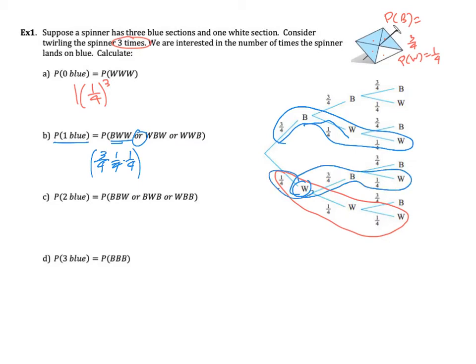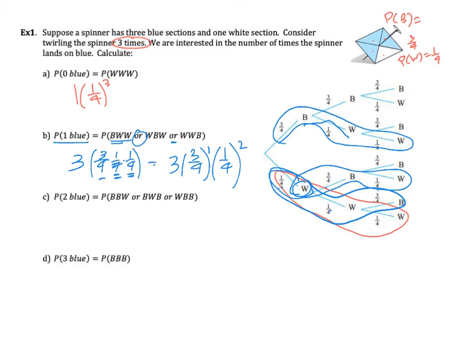So that's 1/4 times 3/4 times 1/4. Or we can spin and get a white, and then a white, and then a blue, which is 1/4 times 1/4 times 3/4. So we have 3 ways of getting 1 blue. So it's 3 times 3/4 to the 1st power and 1/4 to the 2nd power.